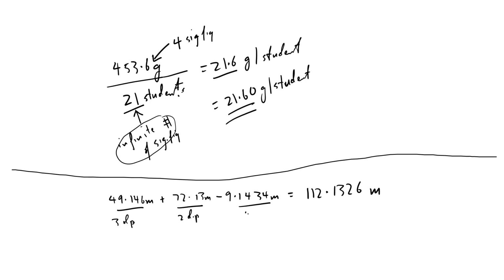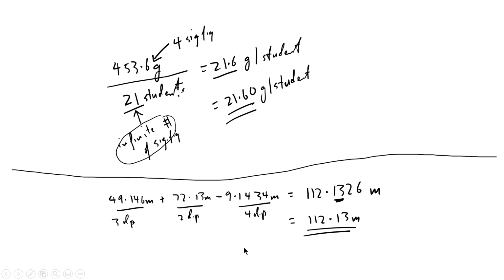And this one here has 4 decimal places. So that means that in this case, we have to round off the answer to 2 decimal places. So therefore, the answer becomes 112.13 meters. So this would be the final answer, which again reflects the correct level of precision in terms of the result based on the calculation that we did over here.